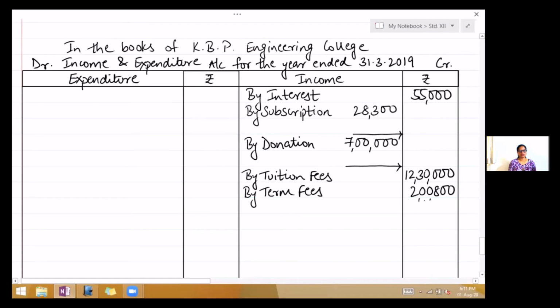Sundry receipts, so write by sundry receipts, 8,000. Admission fees revenue, so it will come on the income side, right? By admission fees 60,000.